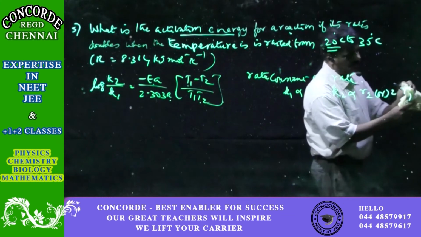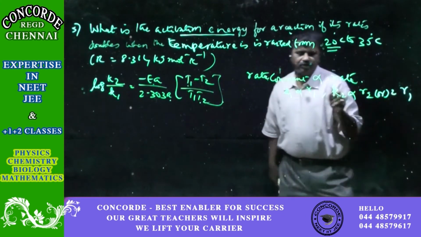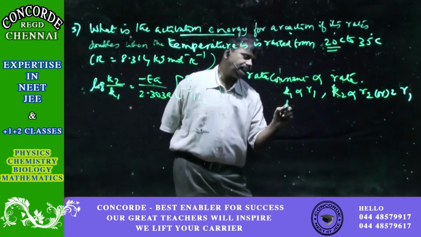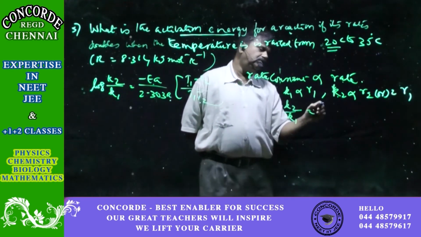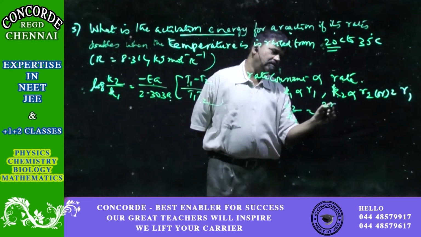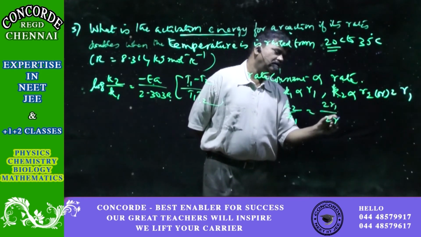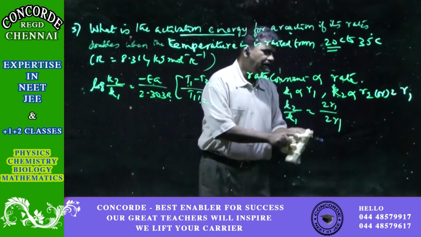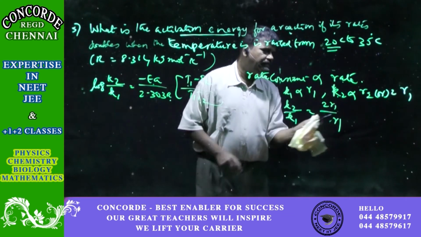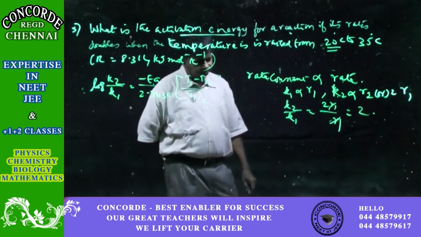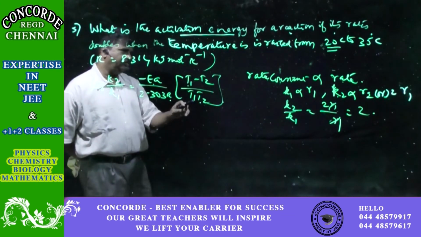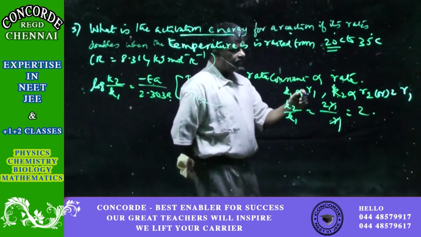If you want to know K2 by K1, it is nothing but 2R1 by R1. The R1 cancels and it becomes 2. Understood?